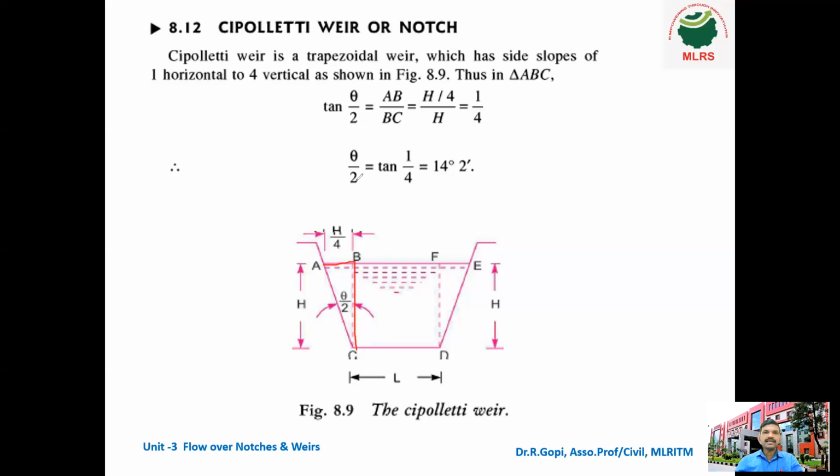So we can get tan theta by 2 is equal to tan inverse 1 by 4, which is nothing but 14 degree 2 minutes. So this is constant. In simplicity, the side slope is constant. The included angle of the triangle is 14 degree 2 minutes. This is constant. Okay.